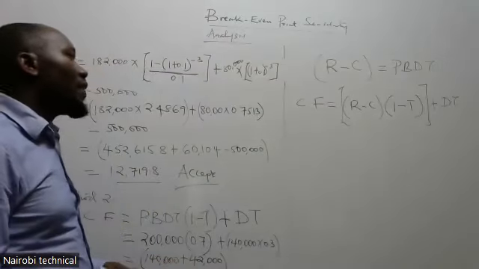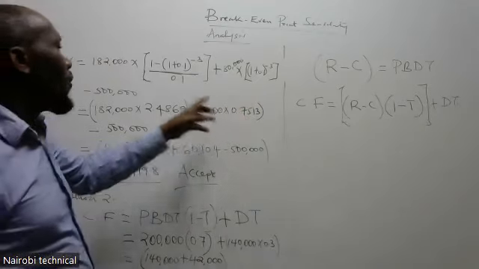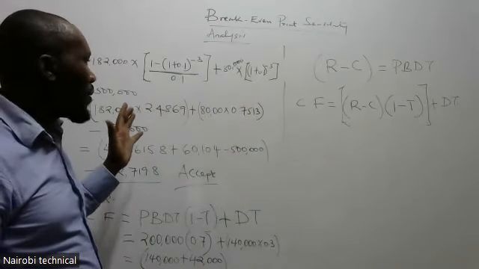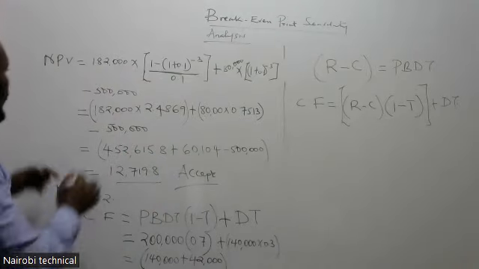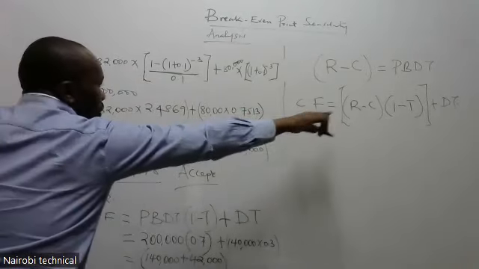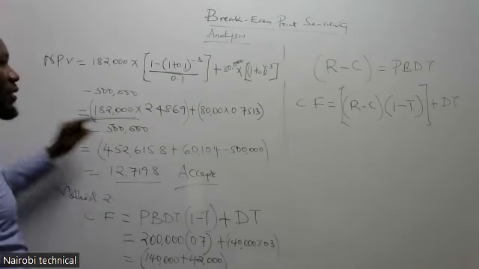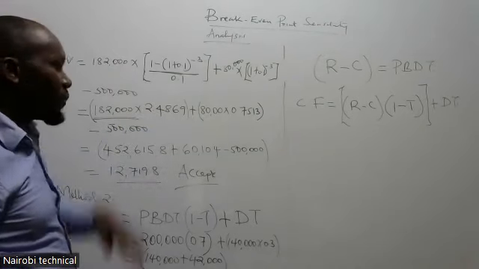So up to there, that is the cash flow. Now the rest are the same. Because that long formula means 182, it is the same as 182,000. Then the rest are the same.